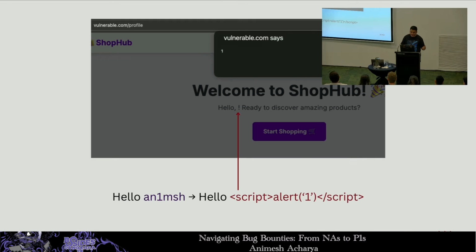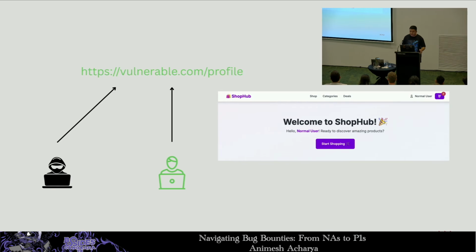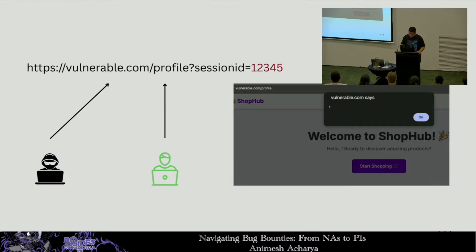And then when you go back, it pops this alert saying alert 1, okay, you've got XSS. But then you can't really exploit this as of now, because if you convince someone else to visit the same URL, what they're really going to see is just their profile. But let's say you also have a session fixation vulnerability where you can somehow log them into your account via a single request.